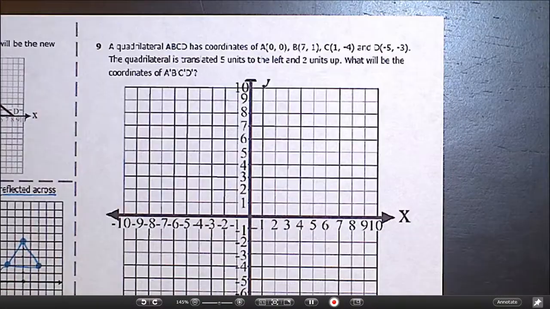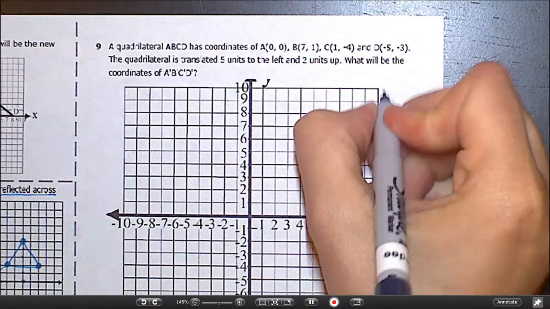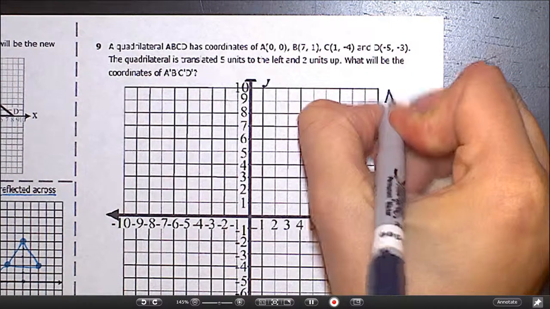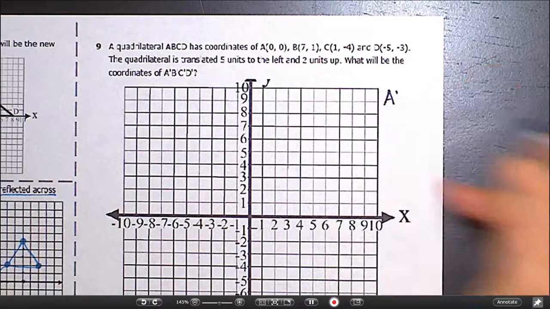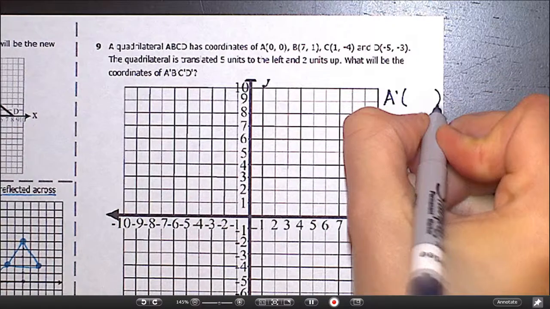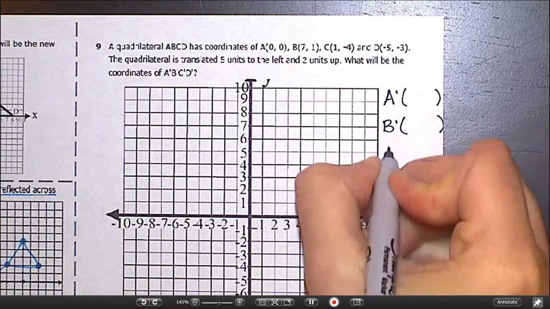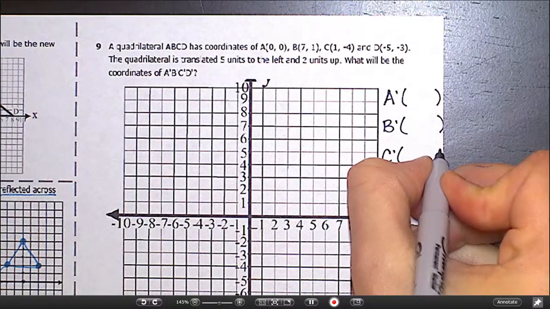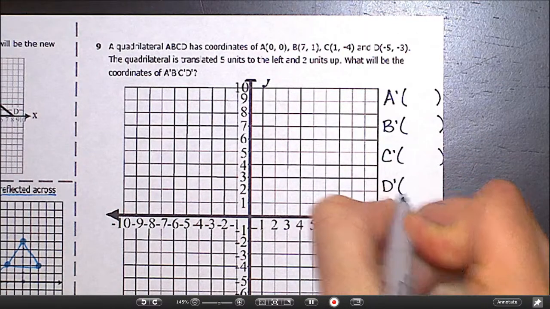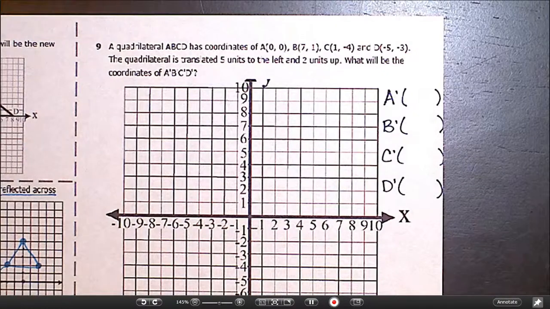Over to the side, let's go ahead and say A prime is this, and B prime, C prime, and D prime. And give me the coordinates there.